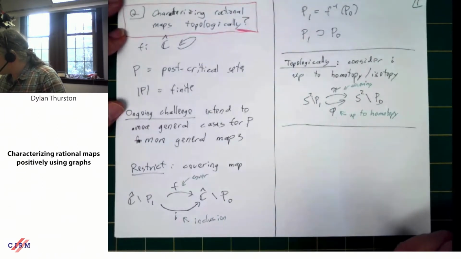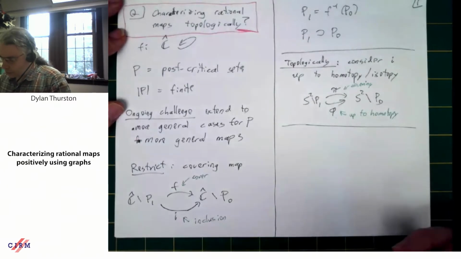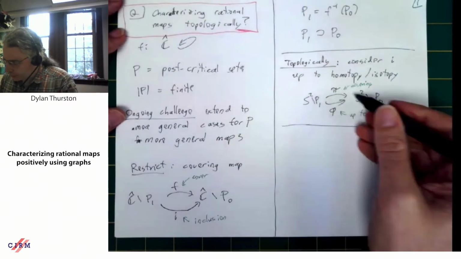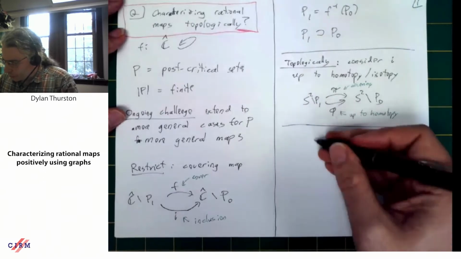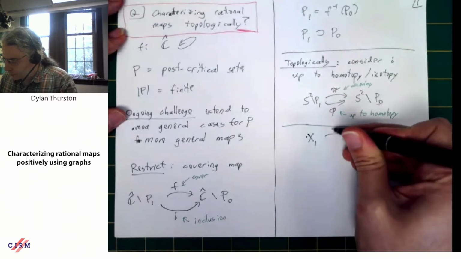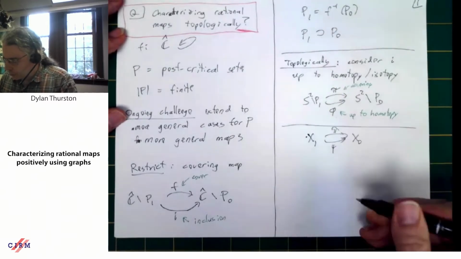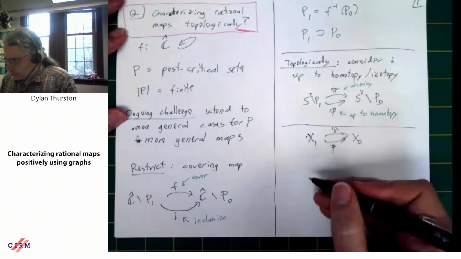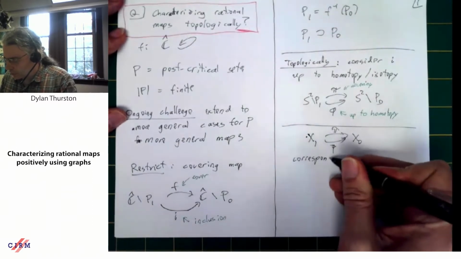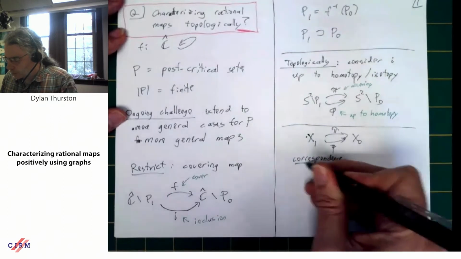In terminology, this kind of data, two different spaces, two different maps, is, if I don't require one of them to be a covering map, what's just called a correspondence. Here it would be a topological correspondence.